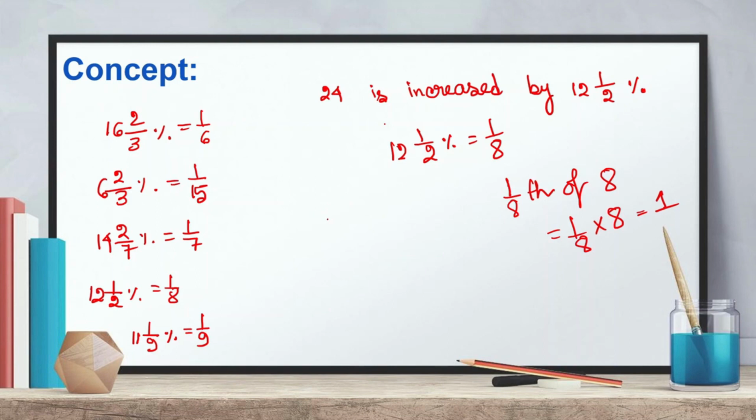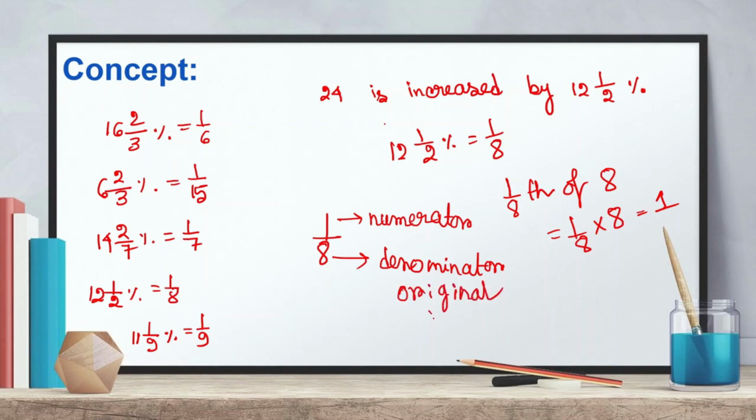So the concept is whatever is in the denominator, like here the denominator is 8, is denoted by the original value, and whatever is in the numerator is the increment. It may be a decrement also.